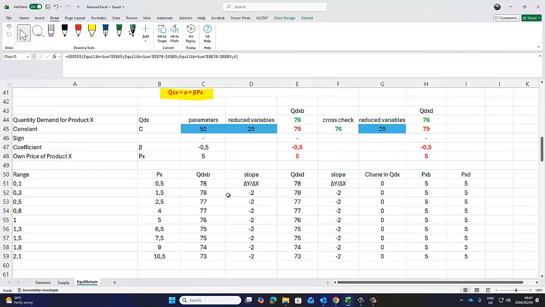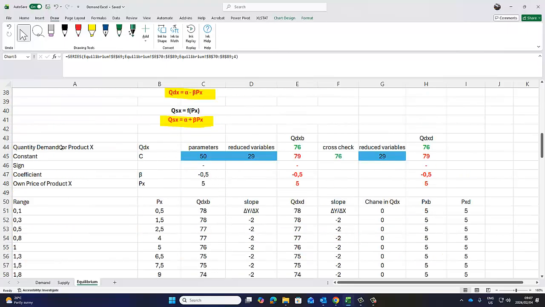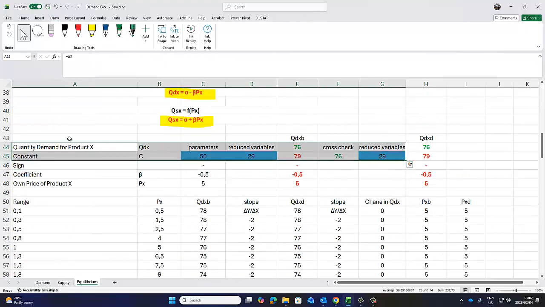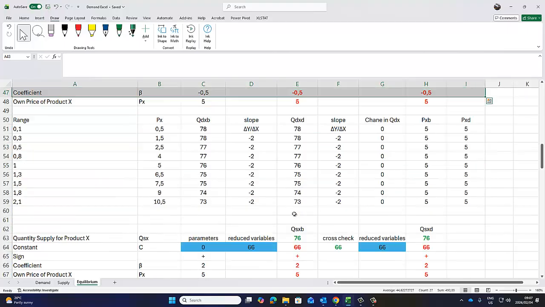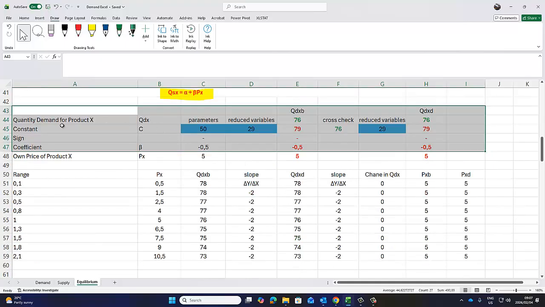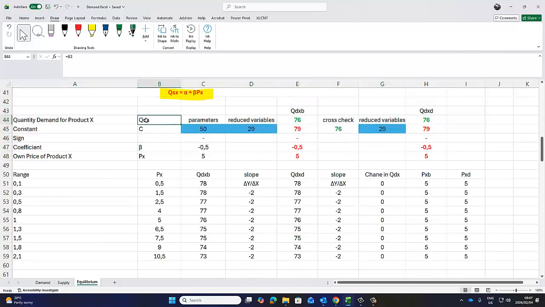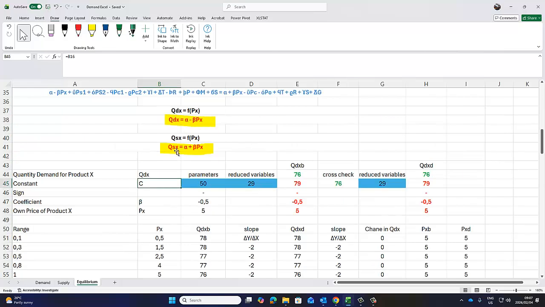So for example, there is my parameters. So this is my demand side workings. There's my demand side workings, meaning there's my derived equation, quantity demand constant. Okay, quantity demand is my constant alpha minus my beta price x.